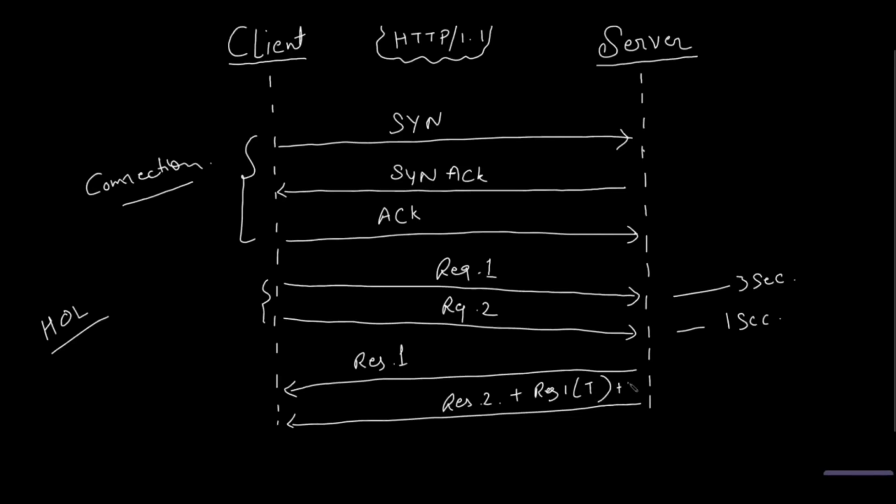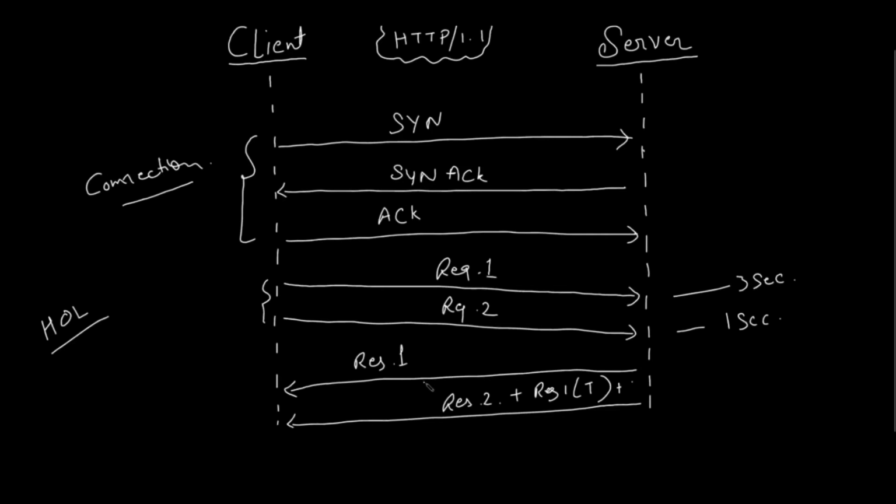Obviously there will be some other additional factors too, which will be added to the total time, but ideally response 2 will be delayed because of response 1. So that is the main problem with HTTP 1.1.